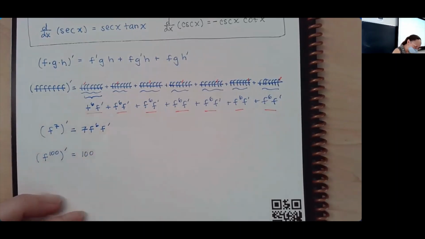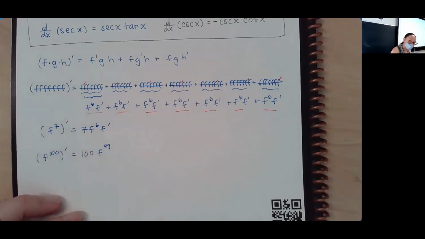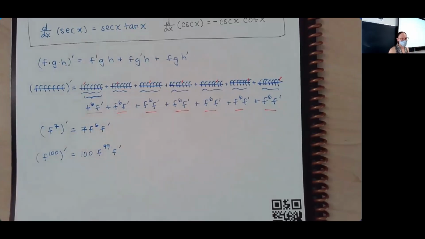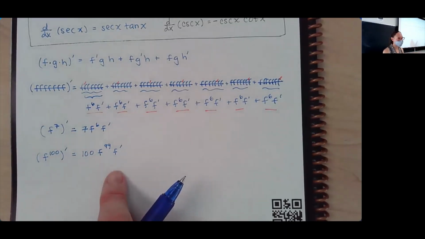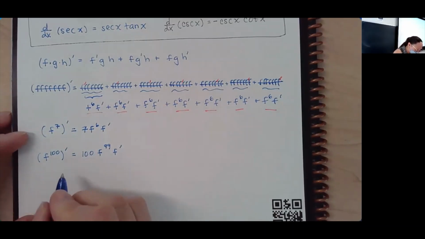And each of those 100 sets is gonna have 99 of the F's that are not primed and 1 F that is. Is this a lot like the chain rule? It is. And so the chain rule comes directly from the product rule, at least in terms of looking at things with exponents. Now we kind of have to extrapolate that to the chain rule for other things.